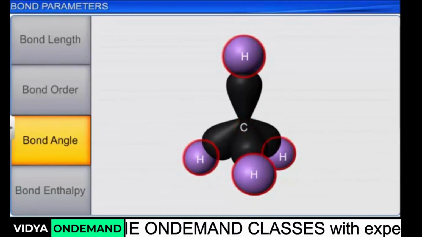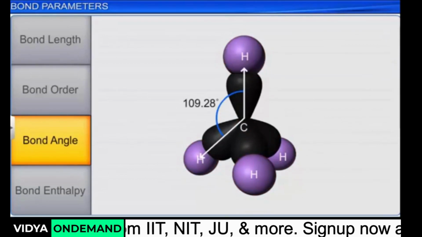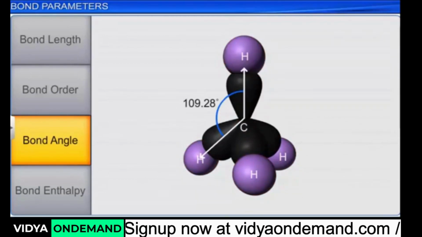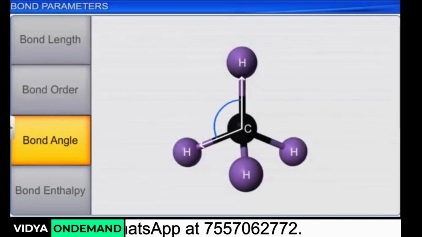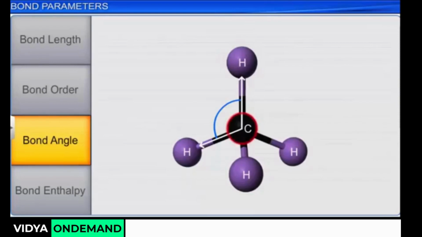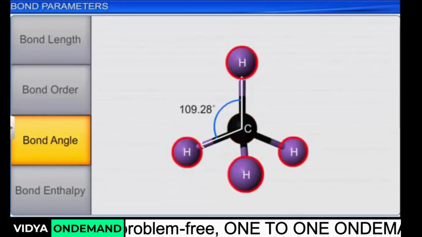The bond angle of methane is 109 degrees and 28 minutes. It means that the angle between any two bonds that are formed between a carbon atom and the hydrogen atoms is 109 degrees and 28 minutes.